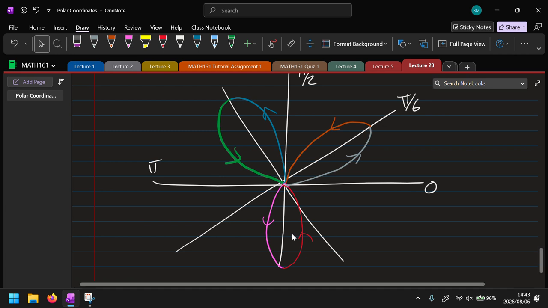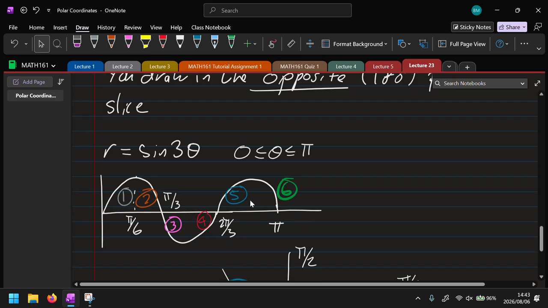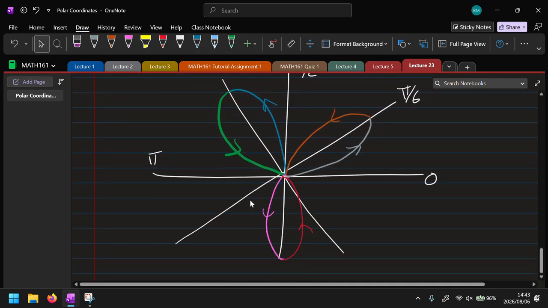Any questions for this one? Good. All of them are exactly the same. You just take this, chop it up into the intervals, and then draw each one. It's all the same working.